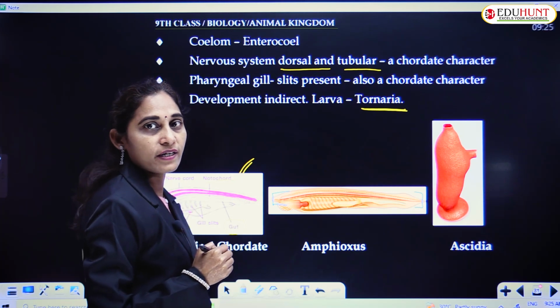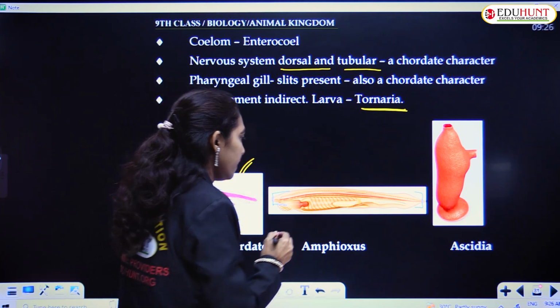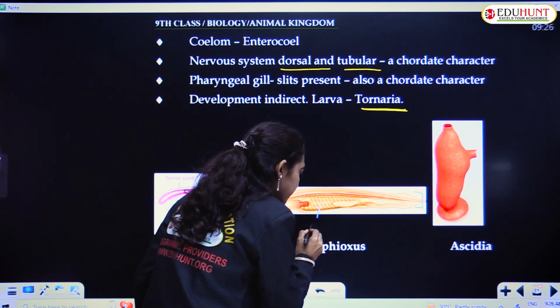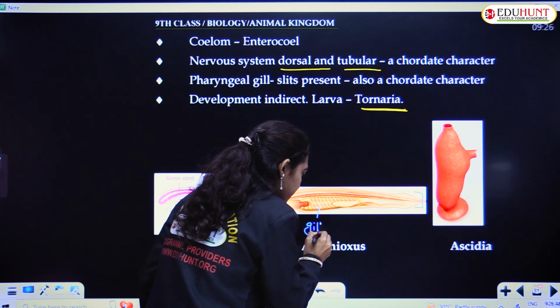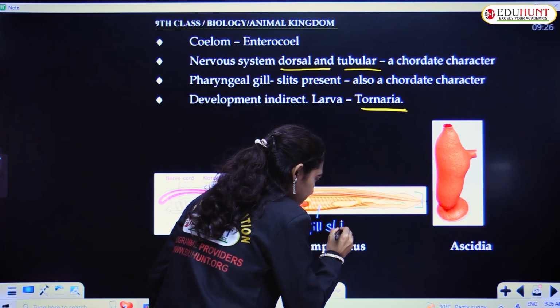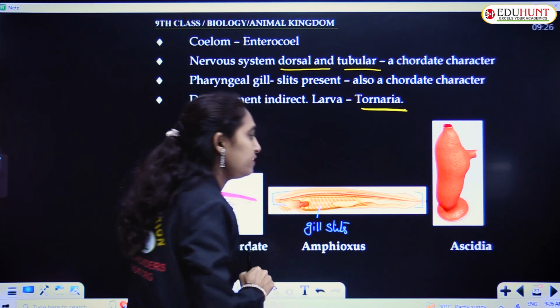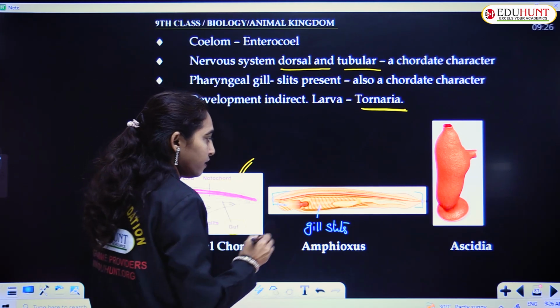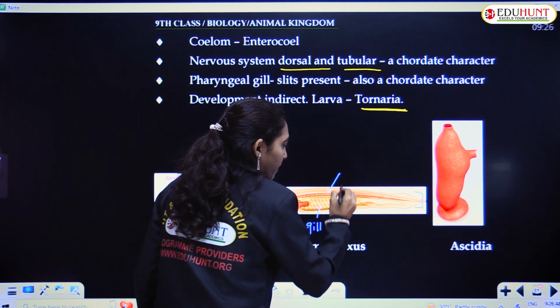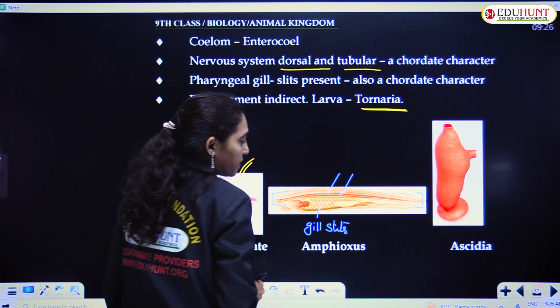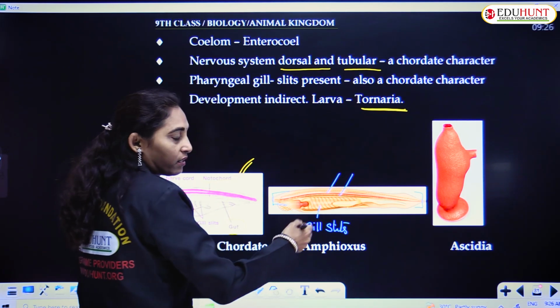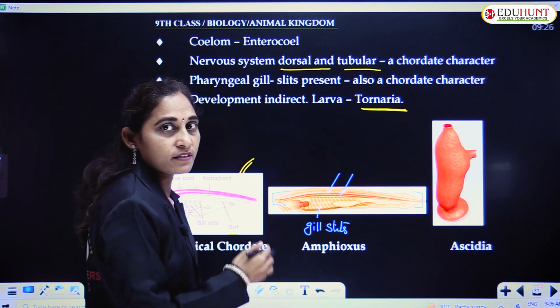That is the notochord extension. And these are gill slits. Pharyngeal gill slits are there. Notochord is there, nervous system is there, and all the other features of chordates it has.